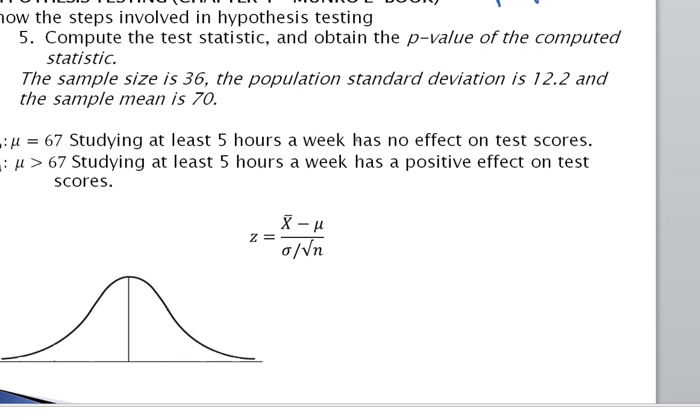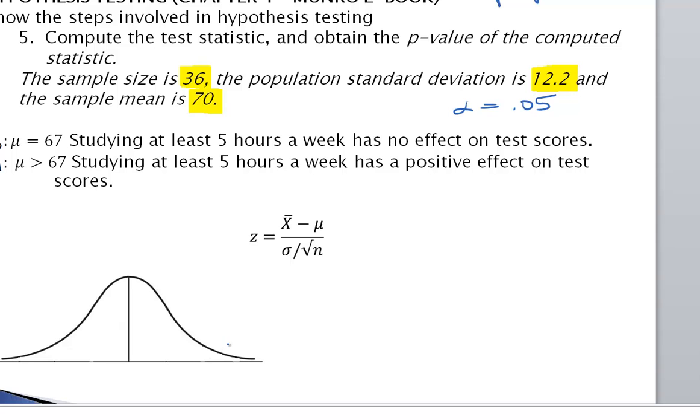Now on this one, we have this information: sample size, population standard deviation, sample mean, and we have this formula. And we were also given in a prior slide that our alpha value is 0.05.